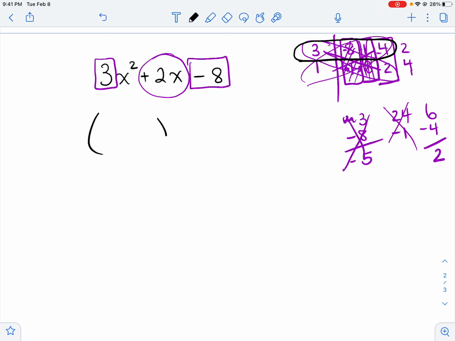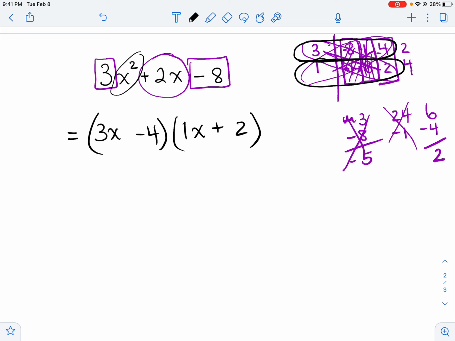So we know they're going to factor into 2 brackets. So 3 and negative 4 goes in the first bracket, and 1 and 2 goes in the next bracket. And then we know that since we have an x squared term, the beginning term is going to have an x in it. Oh, and this is a positive too, so I'll put a plus sign. And also, we don't normally write a 1 in front of the x, so I'll just get rid of that.